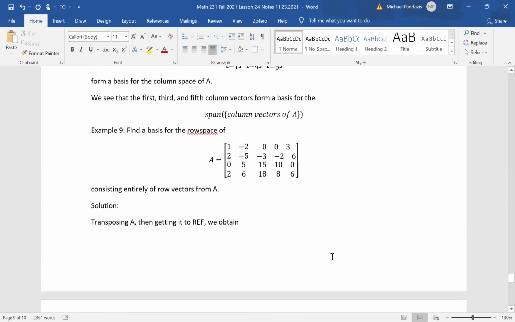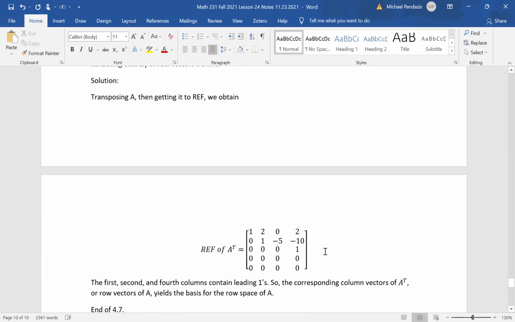Use the previous theorem to talk about the column space of A transpose. Find the column space of A transpose, and correspondingly, you're finding the row space of A. So you're reaching a conclusion based on the column space of A transpose, which will tell you correspondingly about the row space of A. So the row echelon form of A transpose is this, and the ones are here, here, and here.